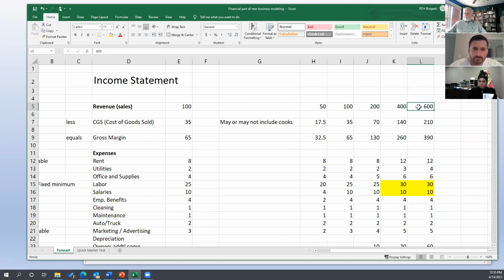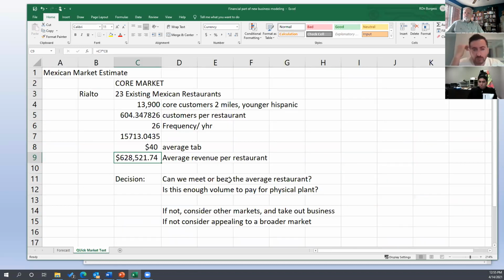Doesn't do you any good if you only do a lunch business and they're lined up outside. Half of them leave because they can't get in. You've got to have them spread out so that your plant can handle the number of customers. So that's another consideration to look at.